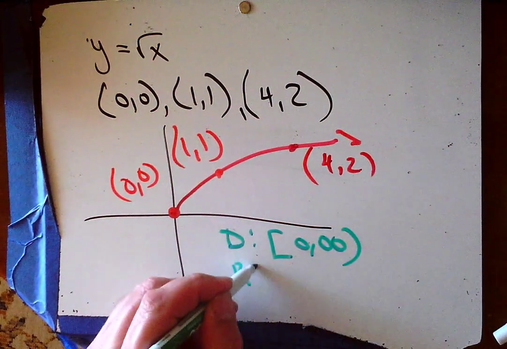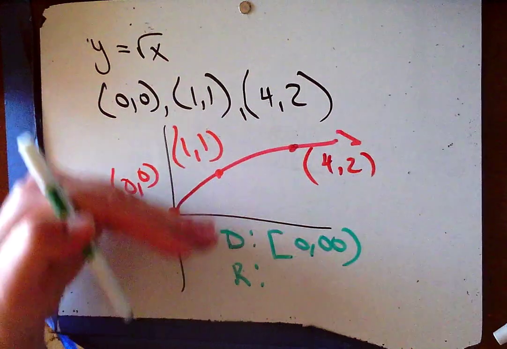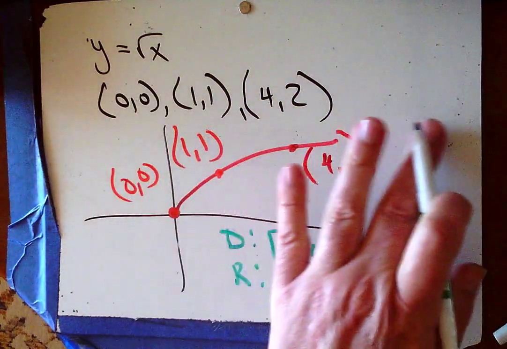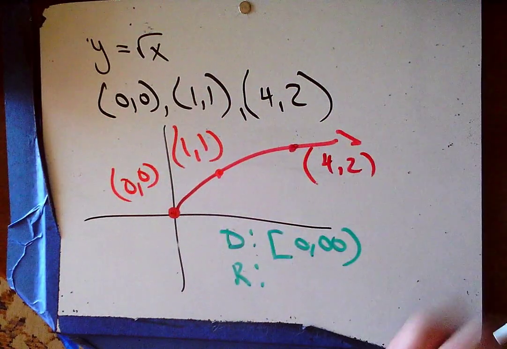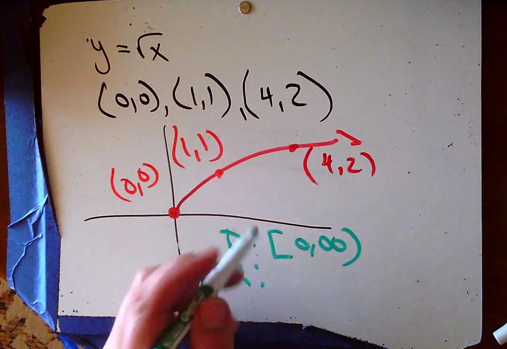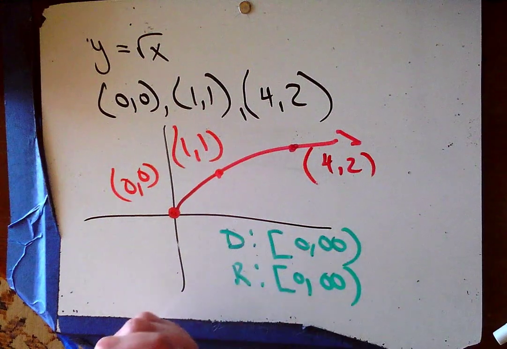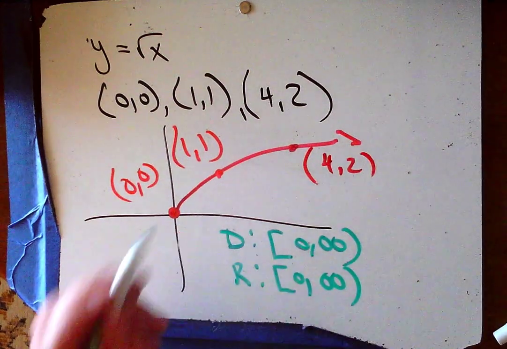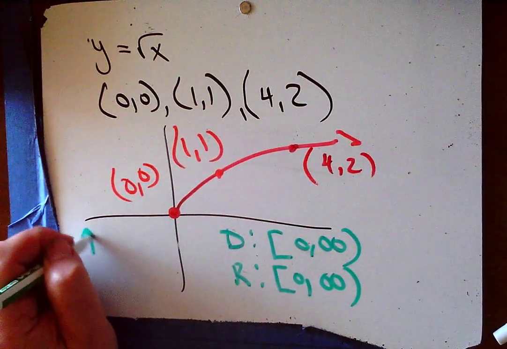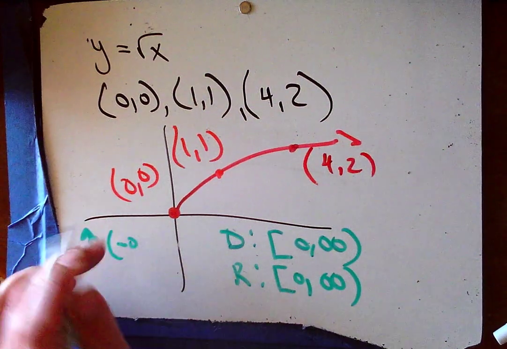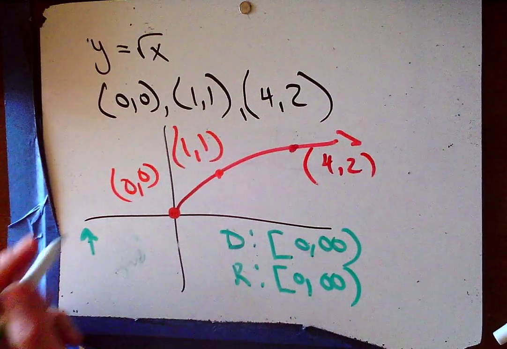And when I think about the range, I go from 0 to infinity. This is rising. It's rising slowly, but it's going to continue to rise as x heads towards infinity. So 0 to infinity. When is this function increasing? This function is increasing everywhere on its domain.